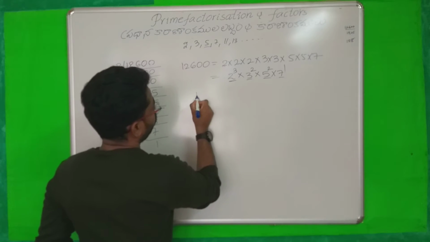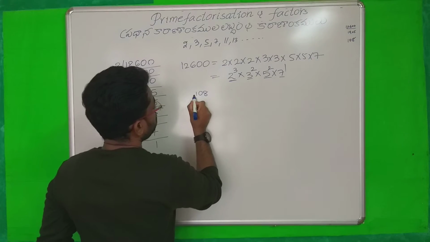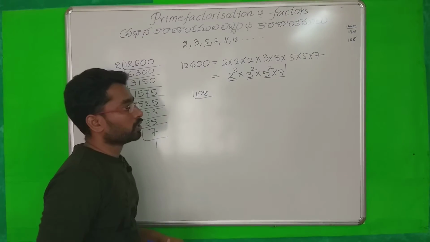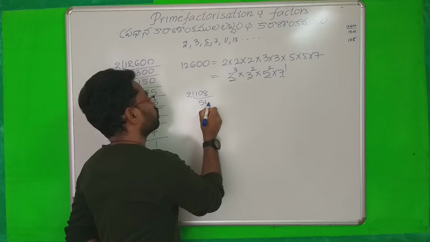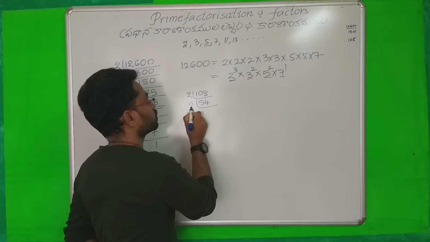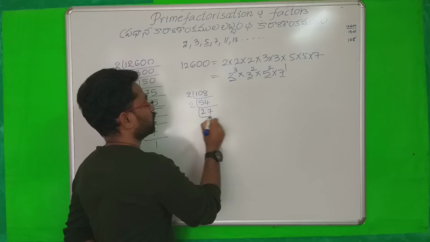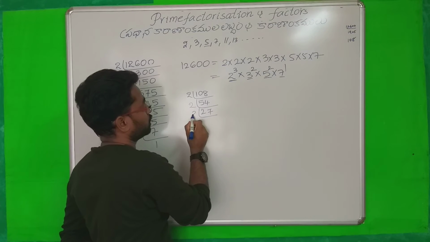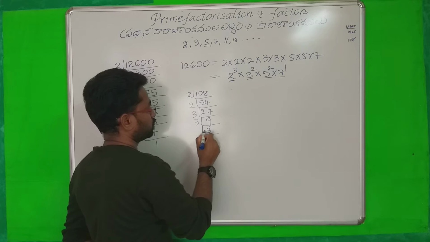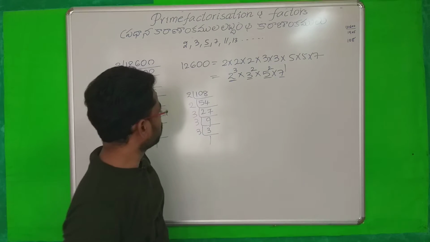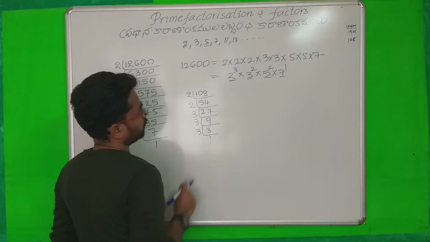And coming to the next one, for example, I am taking one number, 108. So this is divisible by 2, 2 fifty-fours are 108, 2 twenty-sevens are 54, and not divisible by 2 further, next 3: 3 nines are 27, 3 threes are 9, and 3 ones are 3.